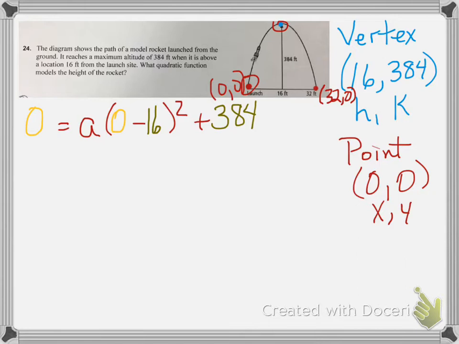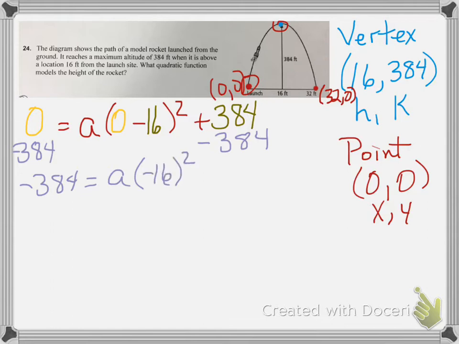Good deal. So we have 0 equals a times 0 minus 16 squared plus 384. Let's get that 384 out of the way. Let's go ahead and move that over. So I have negative 384 is equal to a times, what's 0 minus 16? Negative 16. Negative 16 squared.